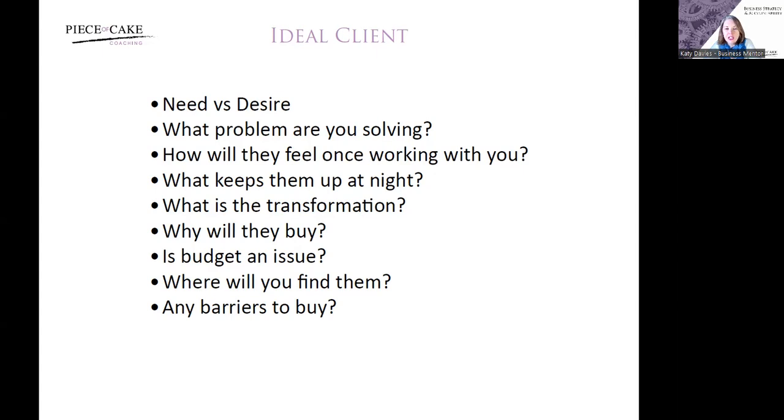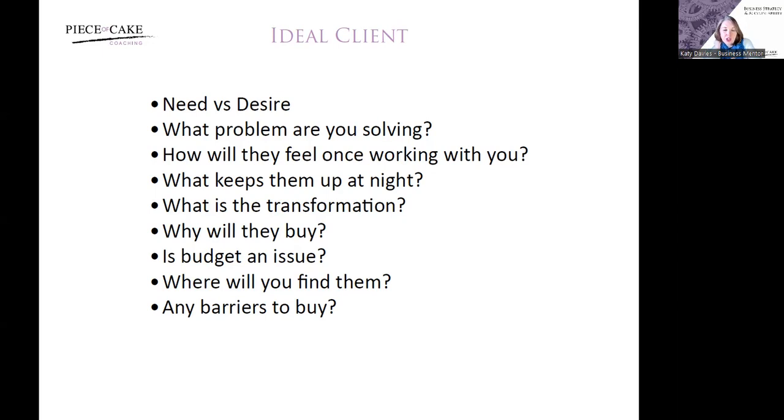If there is a transformation, if they desire an outcome, what is that transformation? What is that desire? Think about why they will buy it. So again, it's really understanding that need, that desire. What is it that is going to make them need it or desire it?